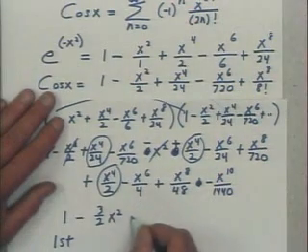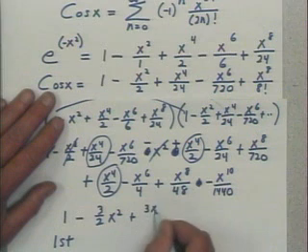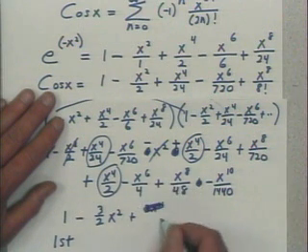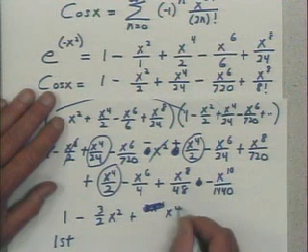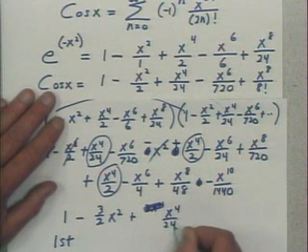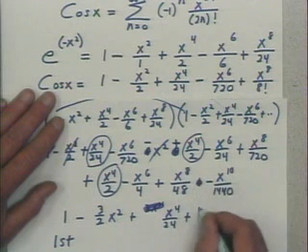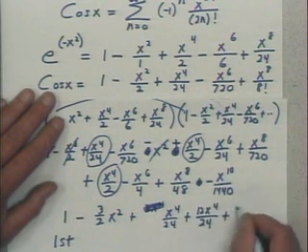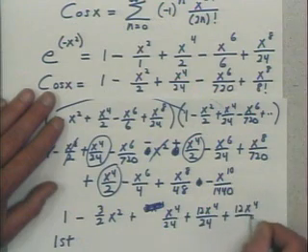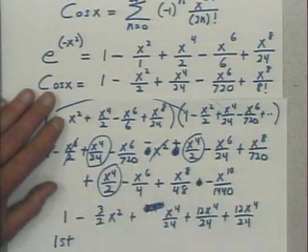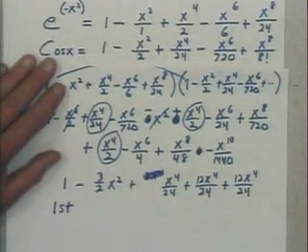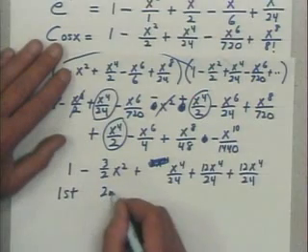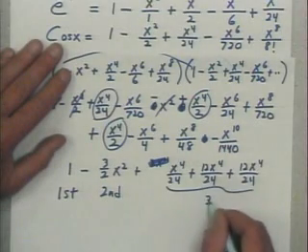So that's going to be 3x to the 4th. Well, we need a common denominator. It's x to the 4th over 24 plus 12x to the 4th over 24 plus 12x to the 4th over 24. That's the 3 I have circled. So this is my second, and this will be my third.